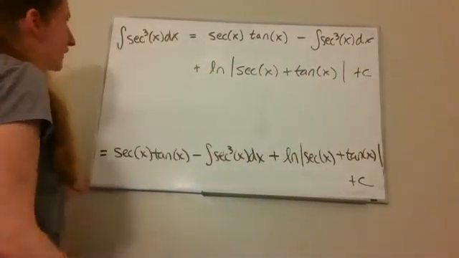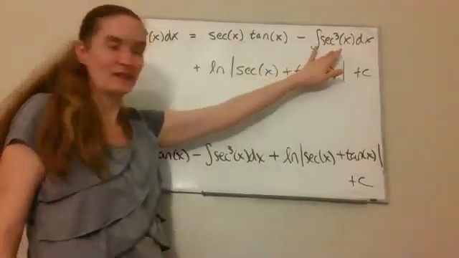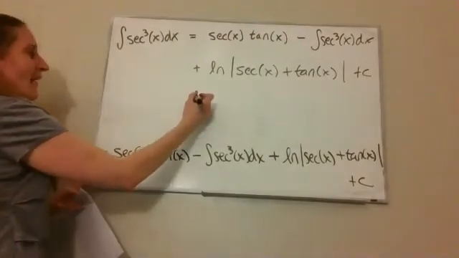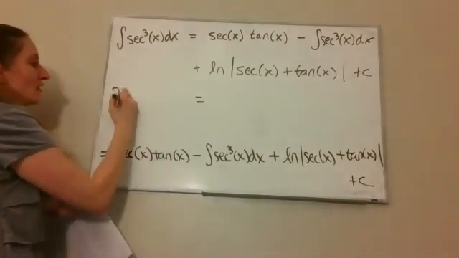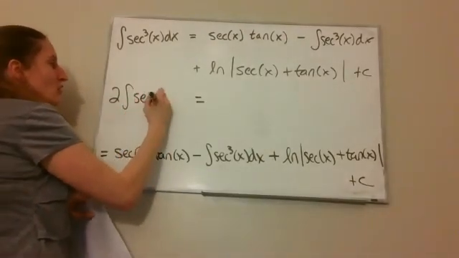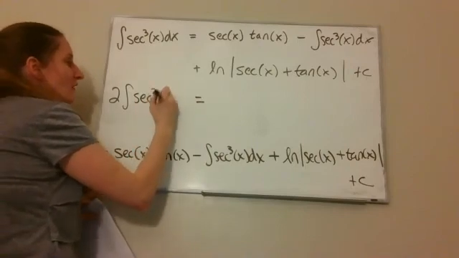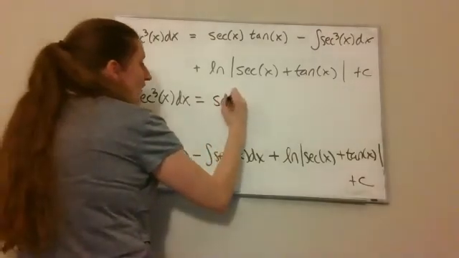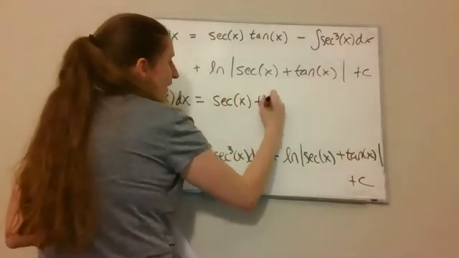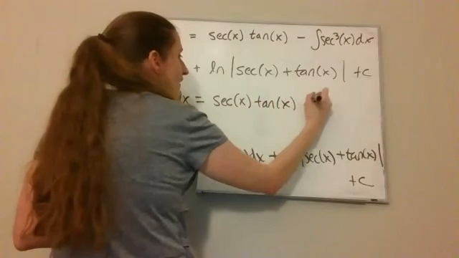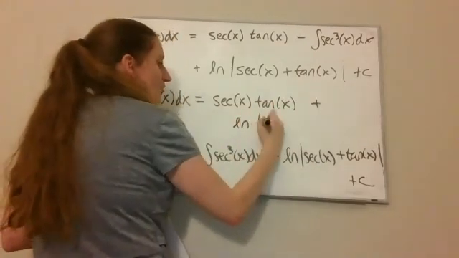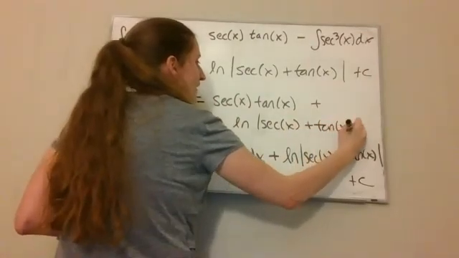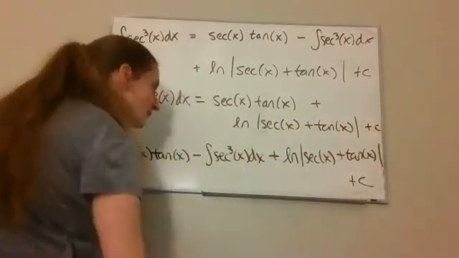So now I can solve this by adding this secant cubed integral to the other side. When I add that entire integral to the other side of the equation, I get 2 times my integral of secant cubed x dx equals everything else I had: secant x tangent x plus a natural log of absolute value of secant x plus tangent x plus our constant.